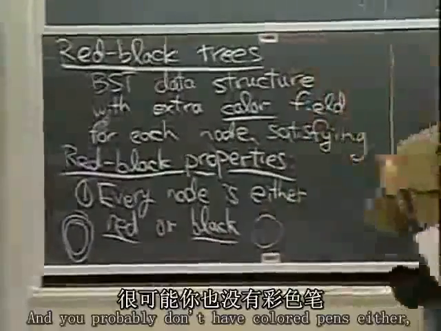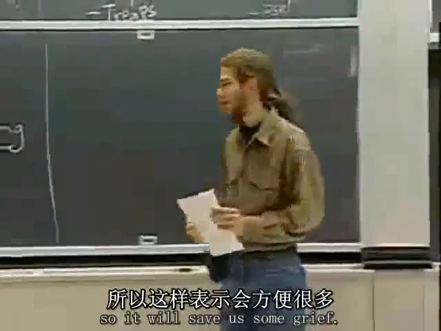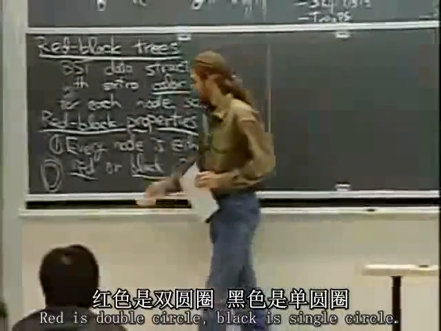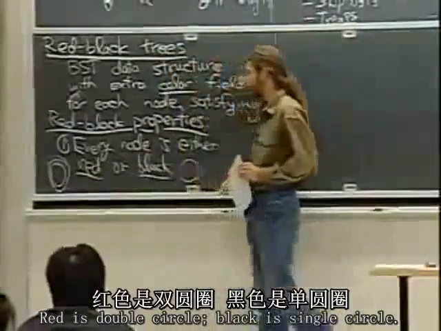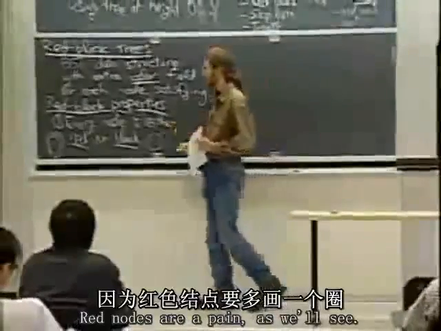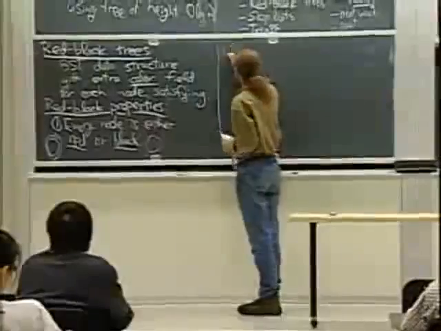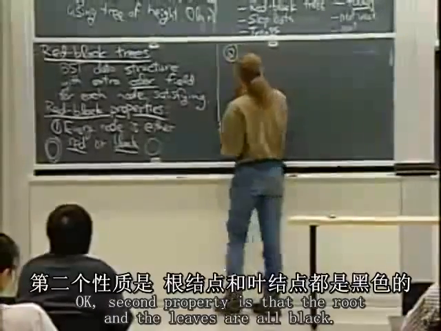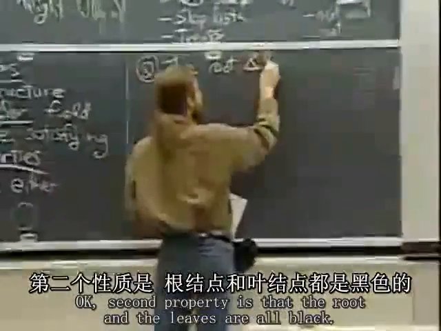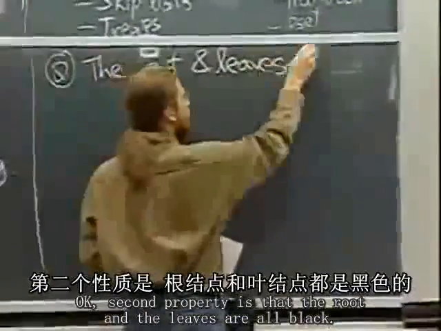You probably don't have colored pens either, so save us some grief. Red is double circle, black is single circle. We sort of prefer black nodes in some sense. Red nodes are a pain, as we'll see. Okay, the second property is that the root and the leaves are all black.